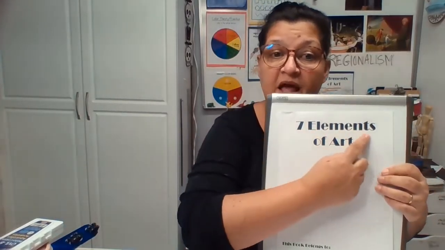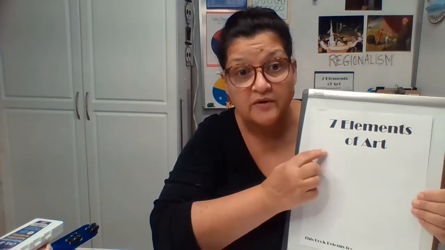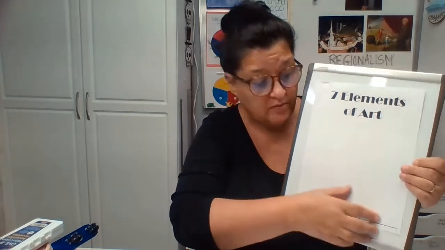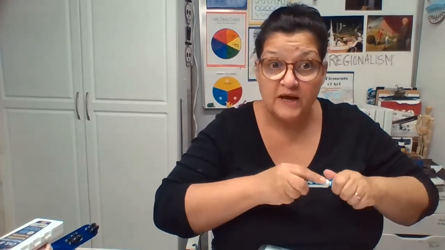Okay, so here we have the sheet that says 7 elements of art. And we want to list those elements of art. So they're going to put all those elements of art right on this front page. The first one I'd like to have you write down is going to be color.